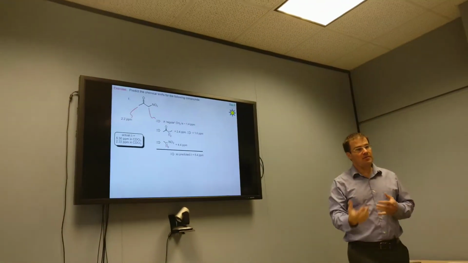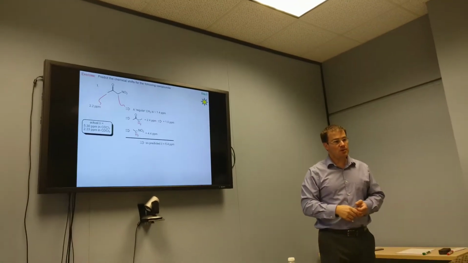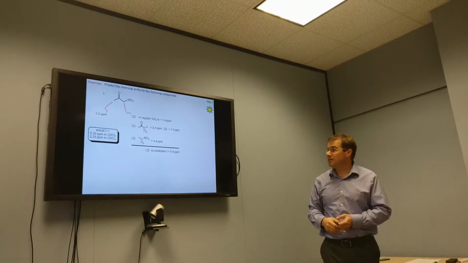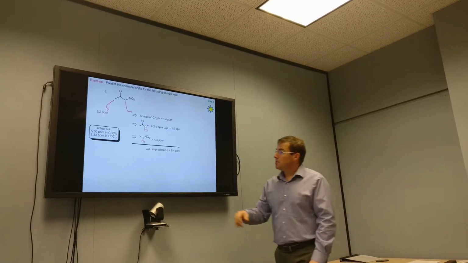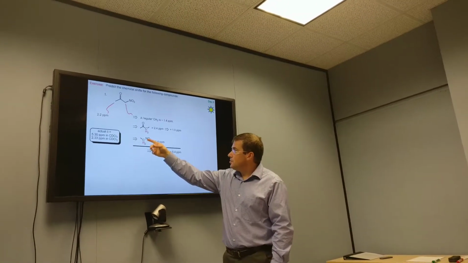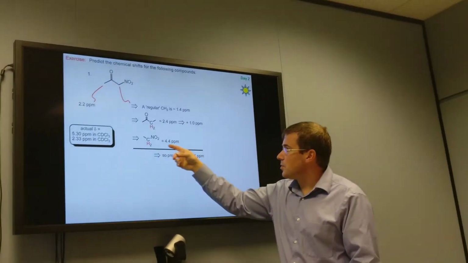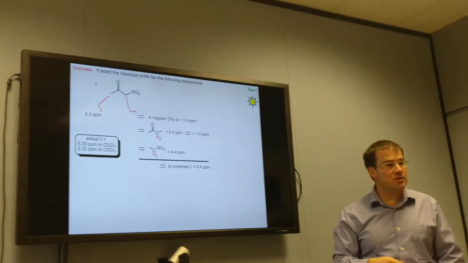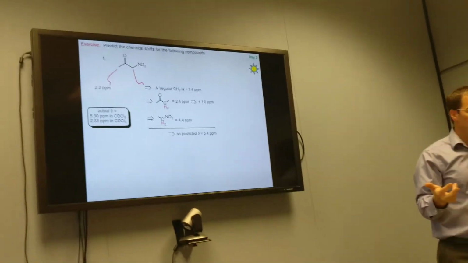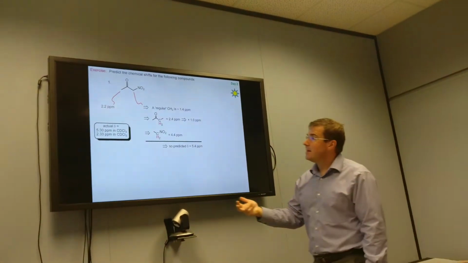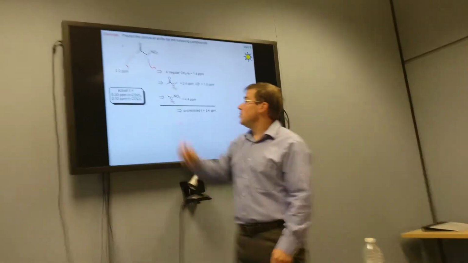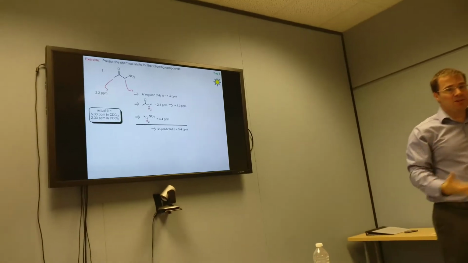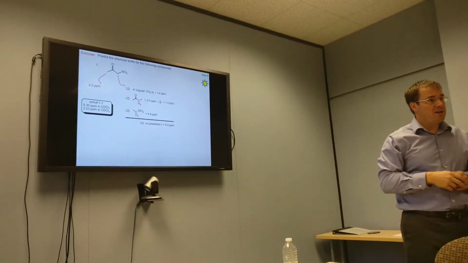You can either derive that from the chemical shift value for nitromethane, or you can get that from your additivity table. Okay? So if this CH2 attached to a nitro group is worth 4.4 parts per million, we add a carbonyl, we're going to be adding an extra 1 part per million, roughly speaking. Okay? And so we might estimate that this methylene would appear in our NMR at about 5.4 parts per million from this very simplistic kind of additivity calculation.